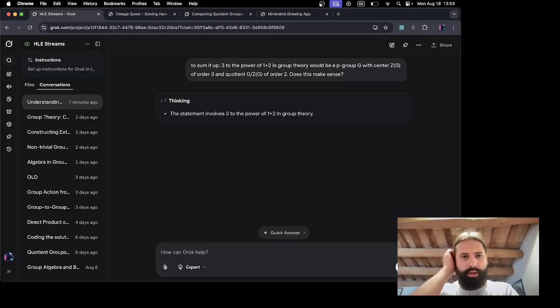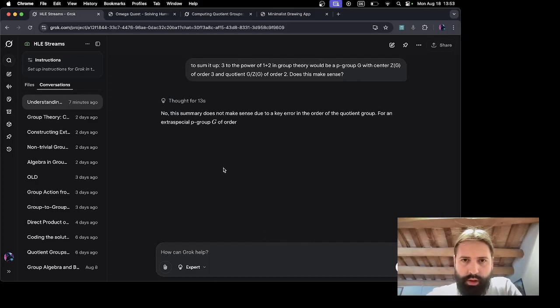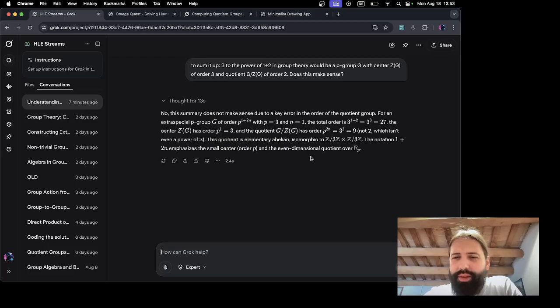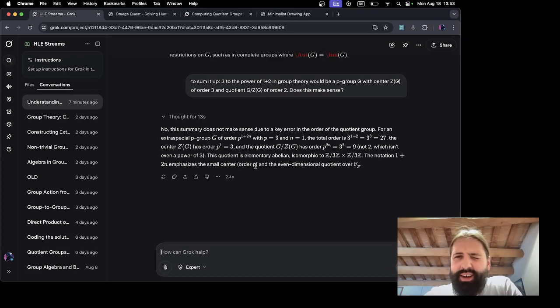And let's see if we can confirm these. No? Why not? Okay. No, something does not make sense. A key error in the quotient. So for a p-group G of order p^(1+2n) with p equals 3 and n equals 1, the total order is 27. The center Z(G) has order 3.